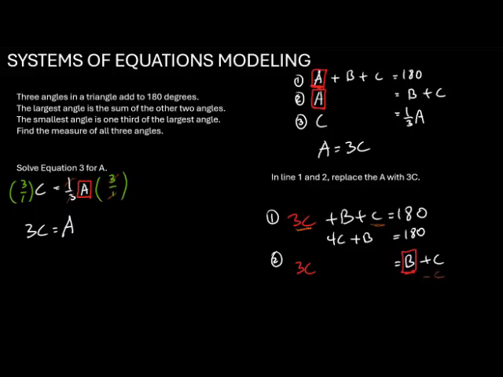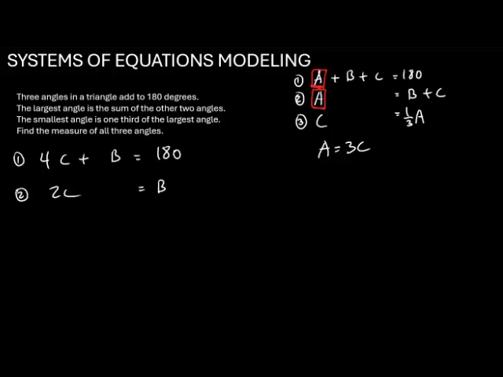To do that, we can subtract C from both sides. On the right, the plus C and the minus C cancel out, and on the left, 3C minus C gives us 2C, which equals B. Now that we've simplified both line 1 and line 2 as much as we can, we can make another substitution. We'll do that on the next page.